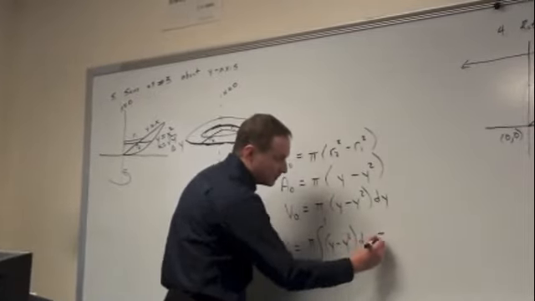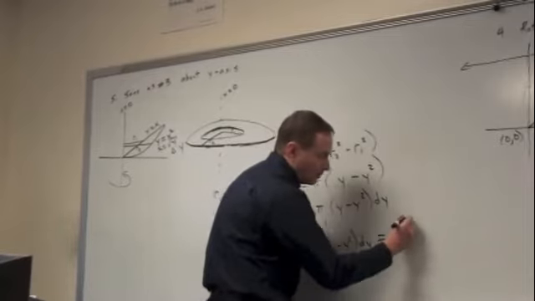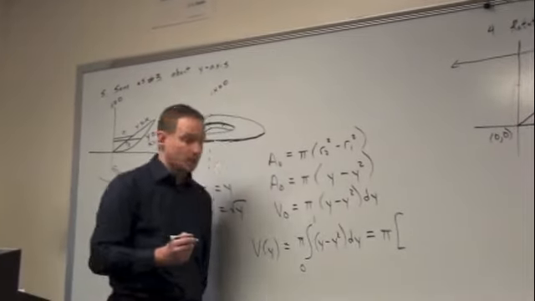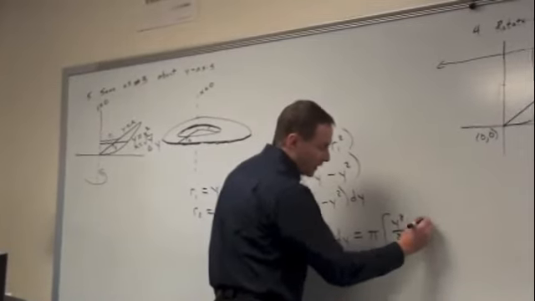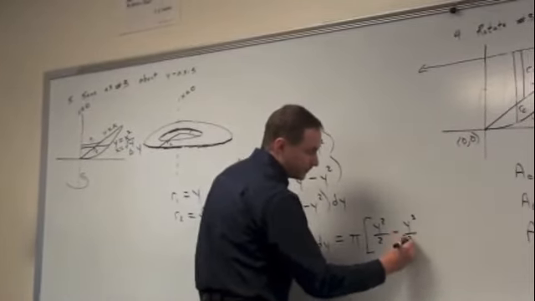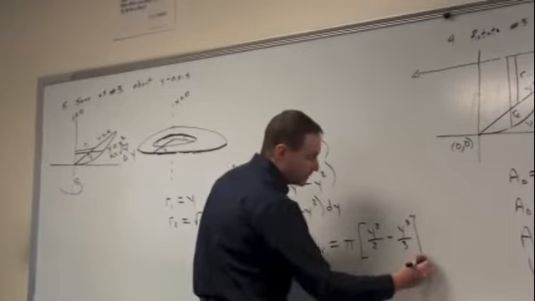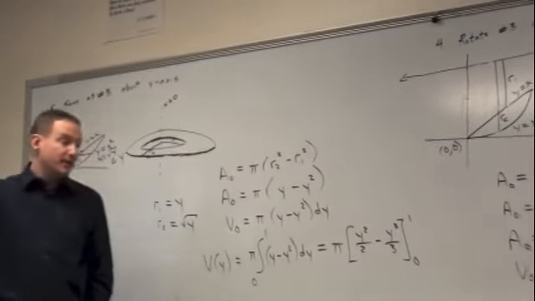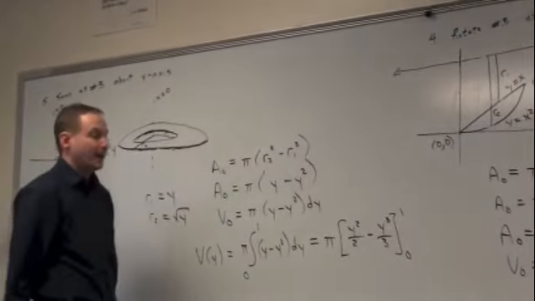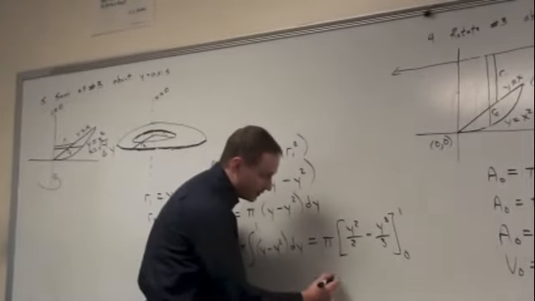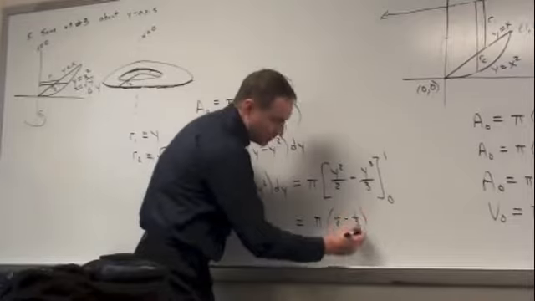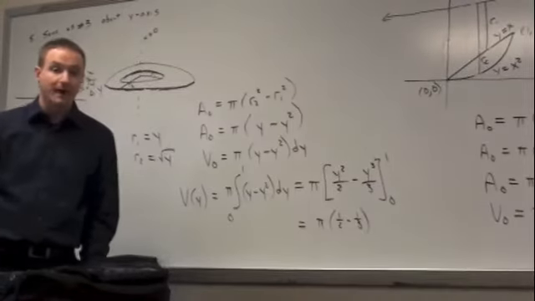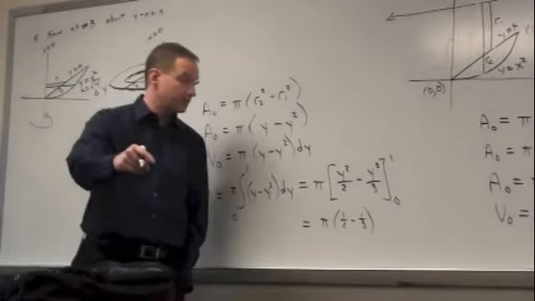We'll get pi times the quantity y squared over 2 minus y cubed over 3, evaluated from 0 to 1. When you evaluate it at 1, you get 1/2 minus 1/3. That's 3 over 6 minus 2 over 6, which is 1 over 6.